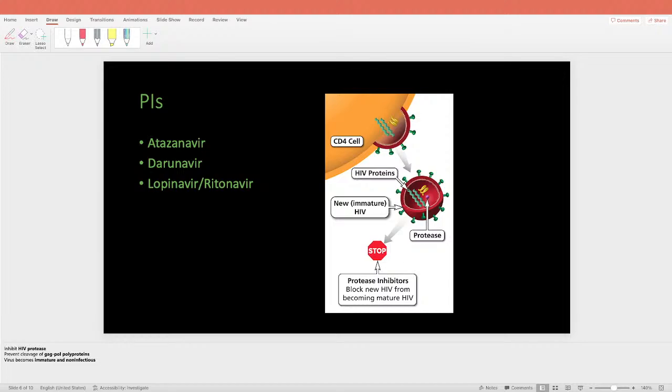It needs this so it can become a full virus. Without it, it's going to be useless. So that's pretty much the point of the protease inhibitors.